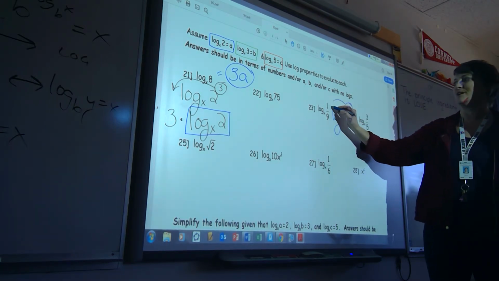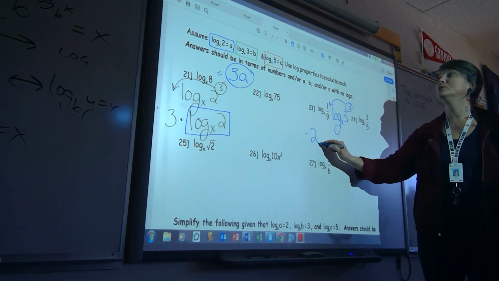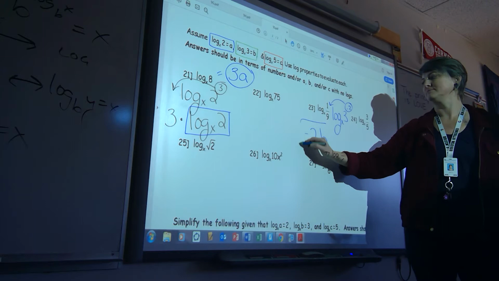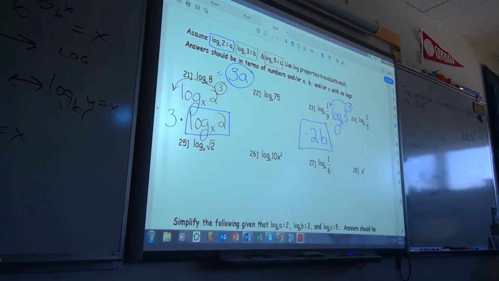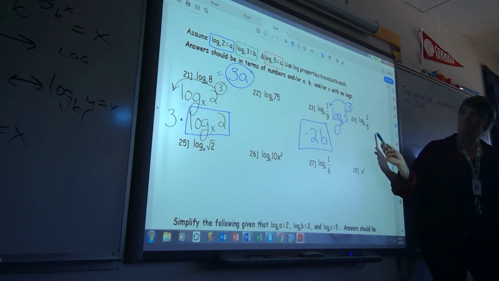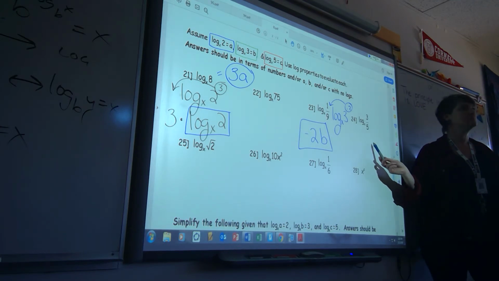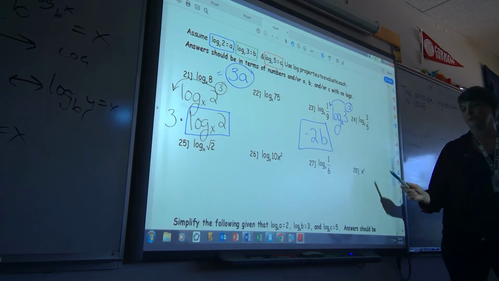Bring that negative 2 out front. So it'll be negative 2b. You got it. That is definitely your fastest approach to that problem. This one's fairly straightforward. This is going to be b minus c on that. And that doesn't necessarily require a whole lot of work.